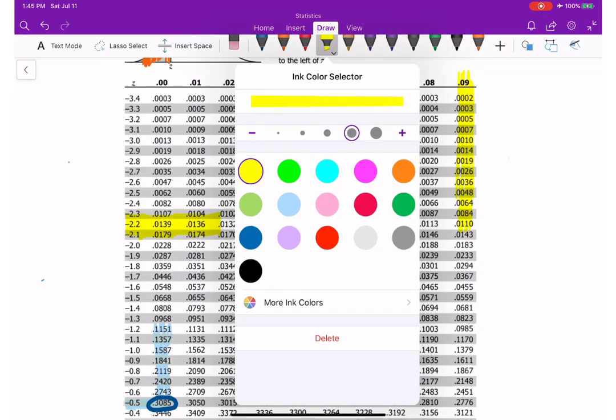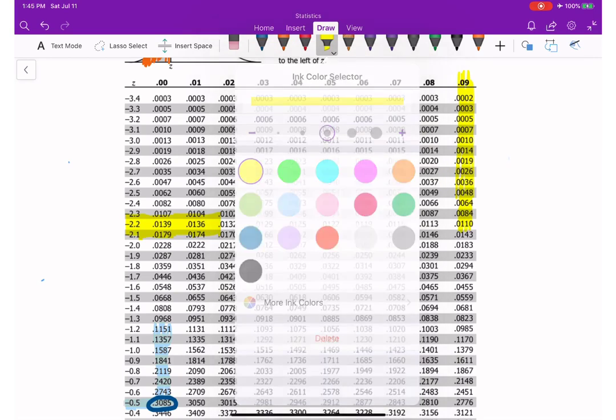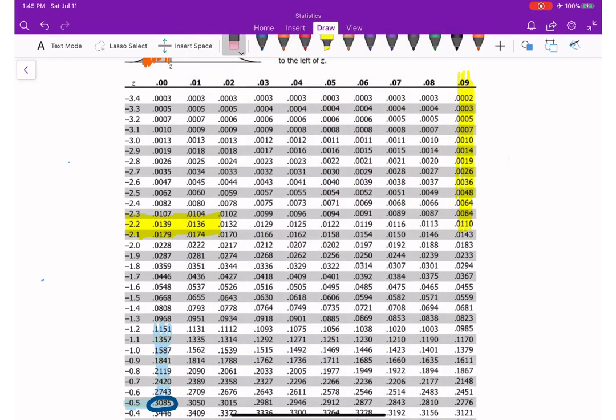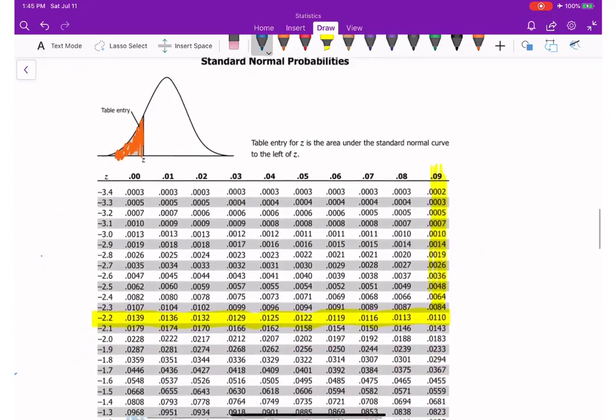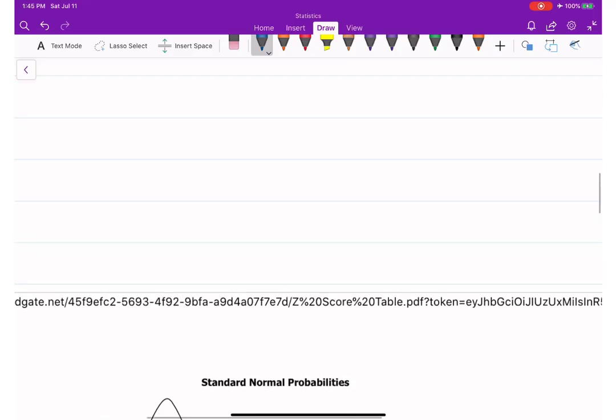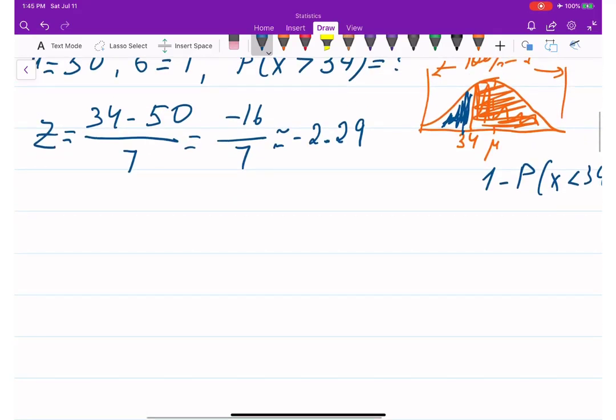Wow, it's too thick. .29, so I'm starting from here. And there we go, 0.011. Okay.